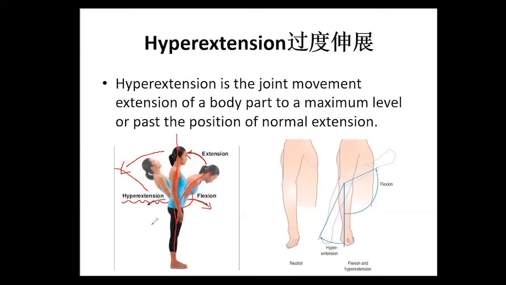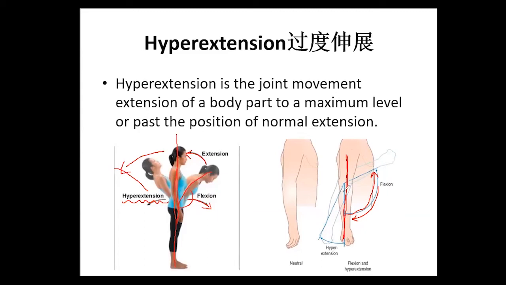Another example is our arm. Going in this direction is extension, and if we move back, that's flexion. Moving back to the standing line is extension.